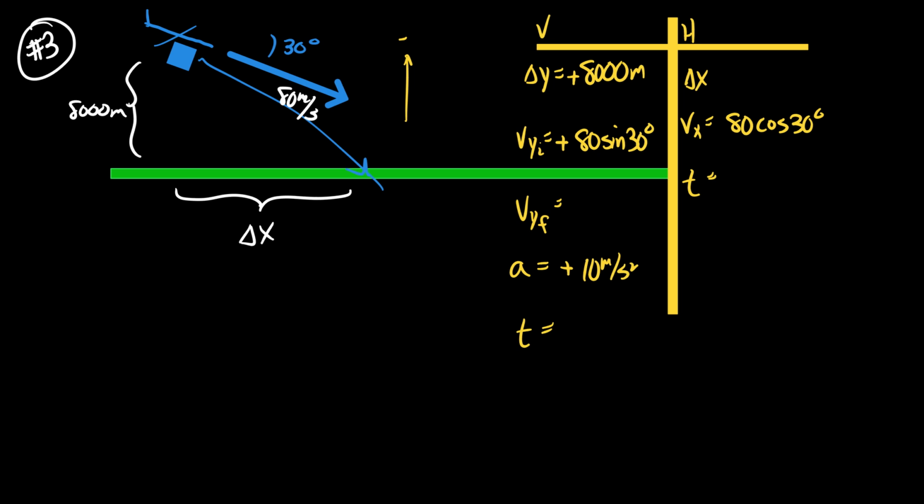So we need time. No way to sugarcoat this. This one's going to be kind of yucky. So 8,000, half of 10 t squared plus 80 sine 30 times t.